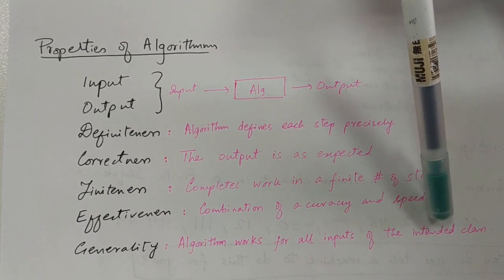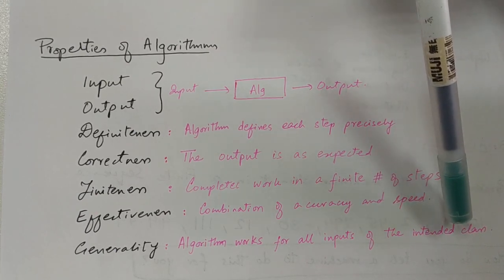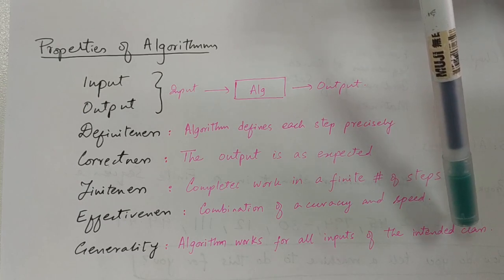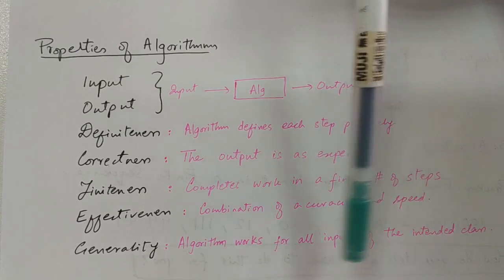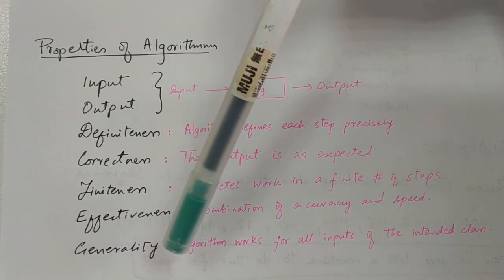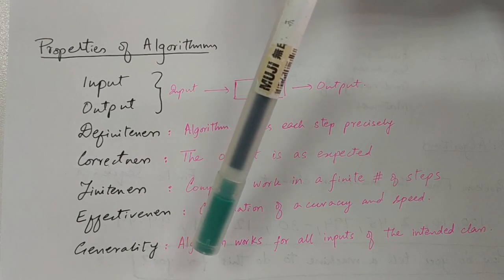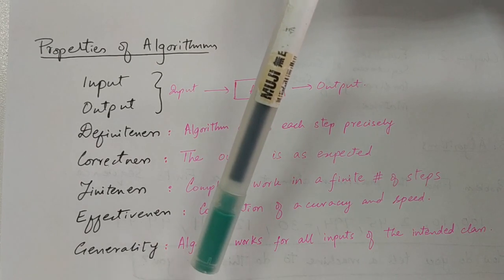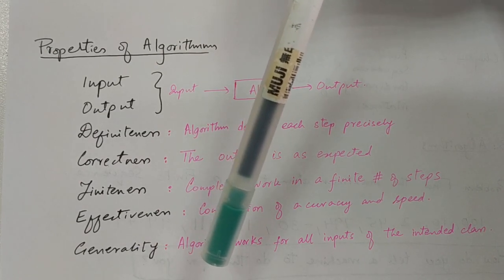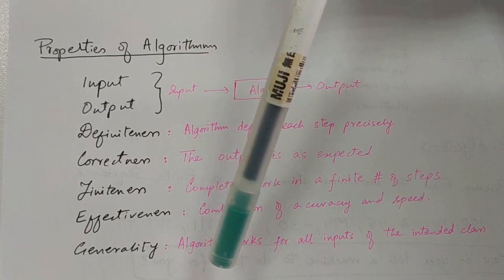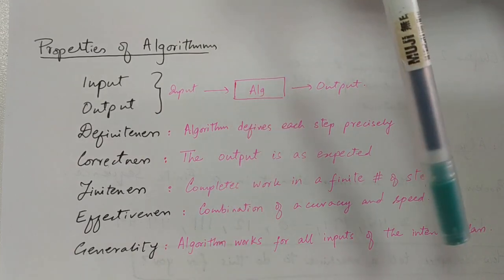But the idea of the intended class is important, which means if I have designed an algorithm that just checks a list of integers, and I did not intend it to work for real numbers, then you shouldn't expect it to work for real numbers. You can't say that my algorithm isn't general enough if I have claimed that it only works for integers. Of course, it should work for any list of integers, but it doesn't need to work for a list that contains elements other than integers.